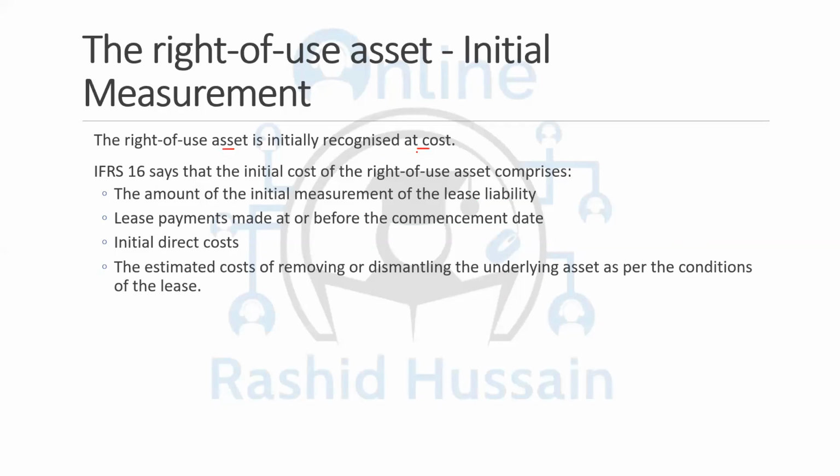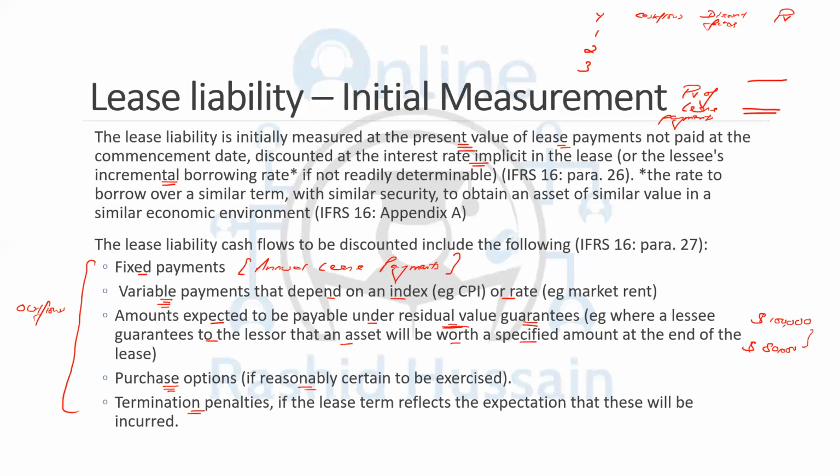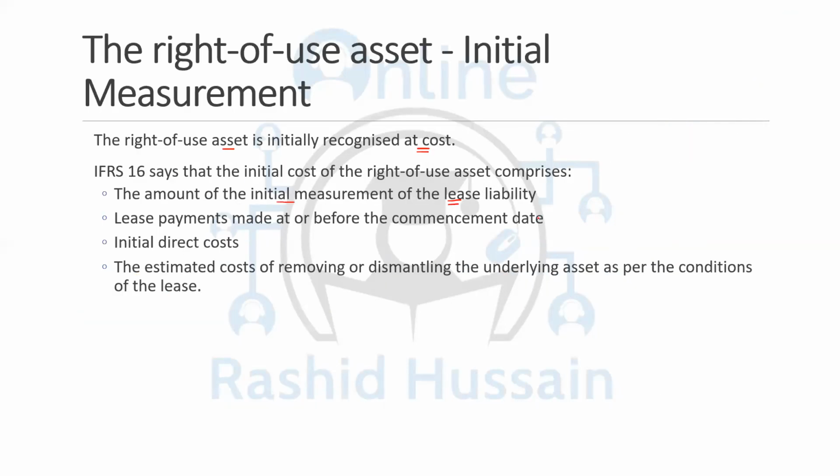Now, the same principle we are going to apply as we have discussed in IAS 16. The first thing is going to be the present value of the lease payment, which you have calculated in the last slide. This will become part of the cost because the payments you are making for the lease are actually direct payments and should be part of the cost of the asset.